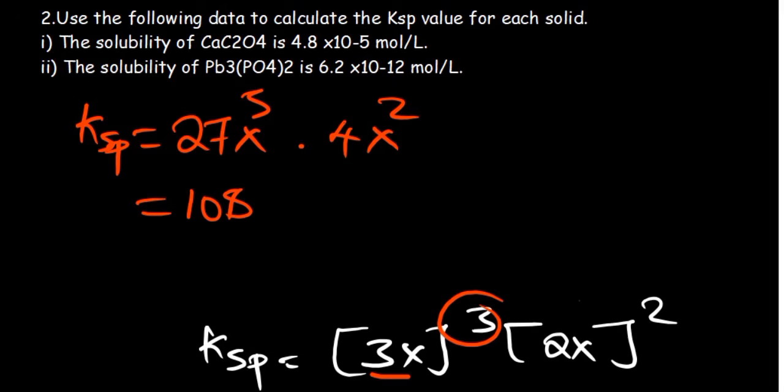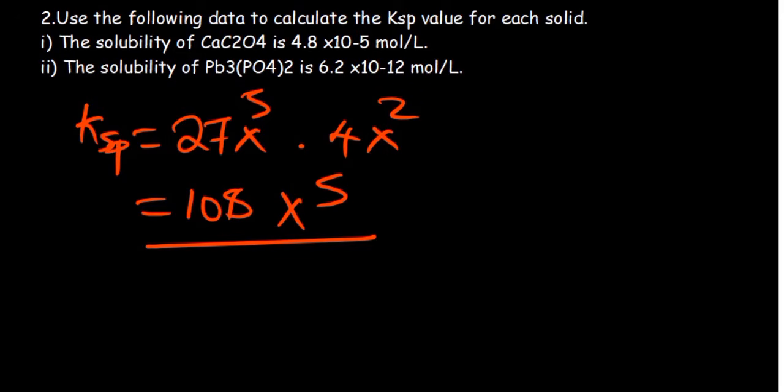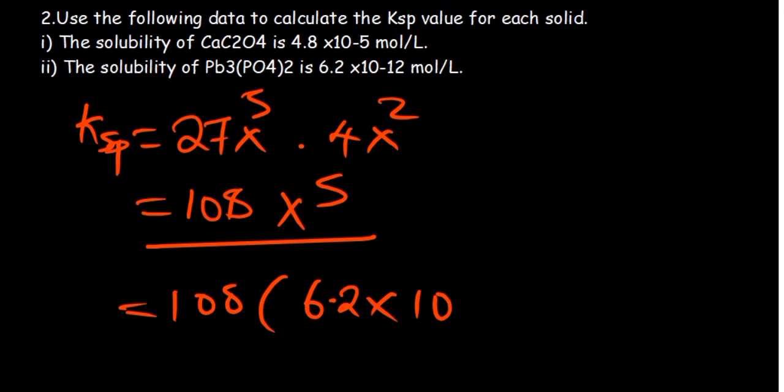Yeah, it's 108. So 108 x to the power 5. That's our KSP expression. You can now substitute in the equation that we have. X is denoting the solubility, so just plug in 108 multiplied by 6.2 by 10 to the power negative 12, right? So of course to the power 5. So 6.2 by 10 to the power negative 12 raised to the power 5 multiplied by 108.